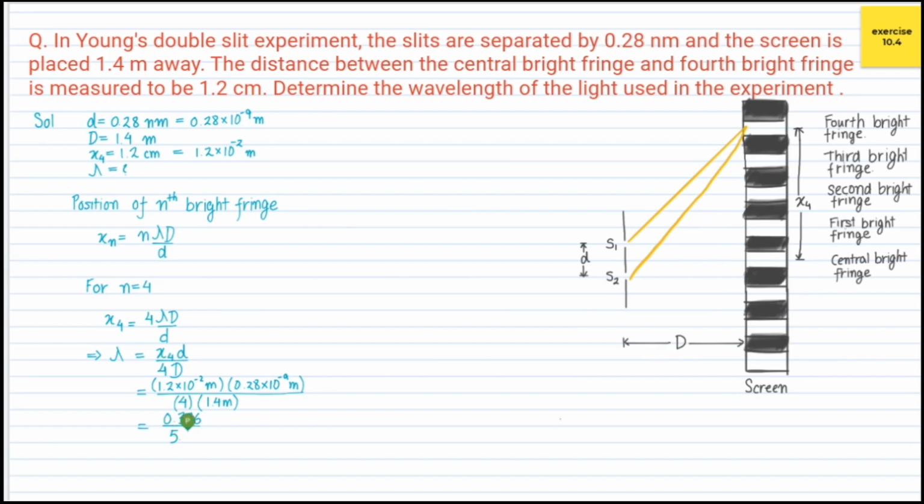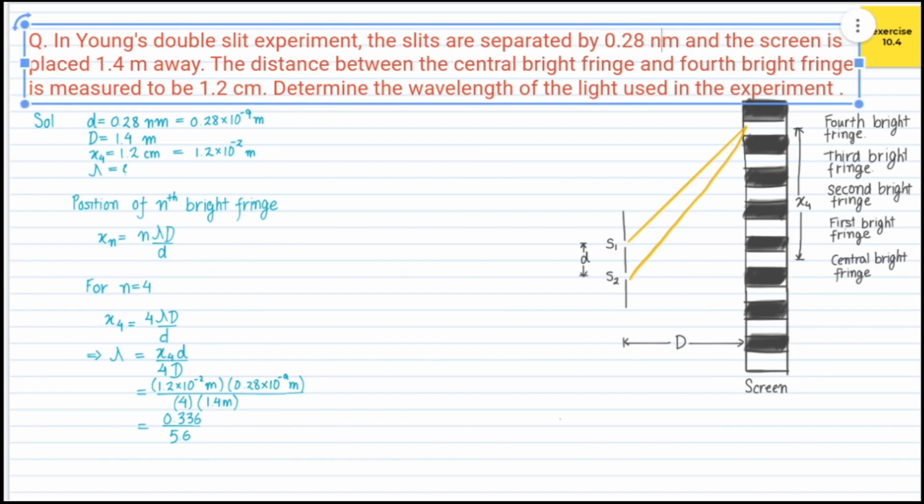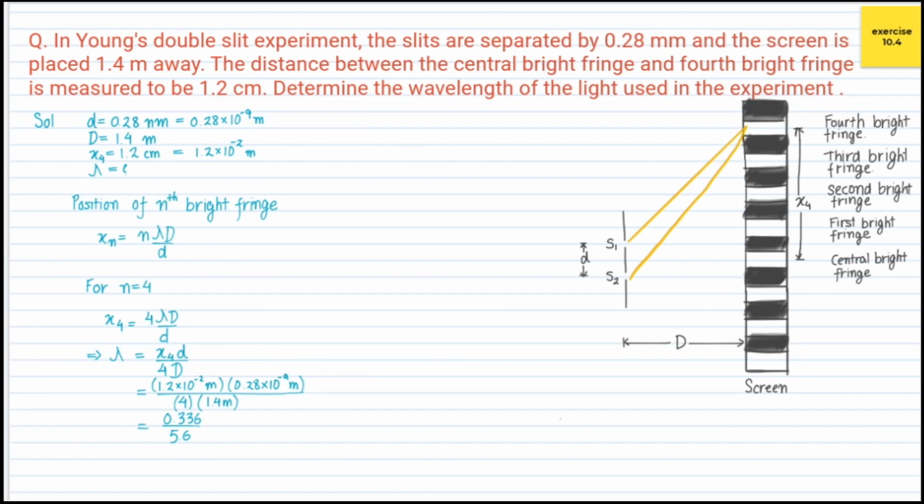Now look here, 10 to the power minus 2, 10 to the power minus 9. This minus 9 is very small. Let me just check the question. Okay, there is a slight mistake. This is not nanometer. Correct this one to millimeter. Since this will be millimeter, it won't be 10 to the power minus 9.